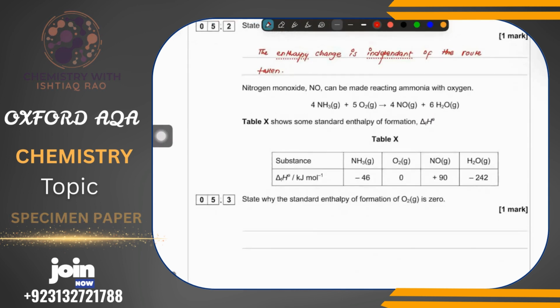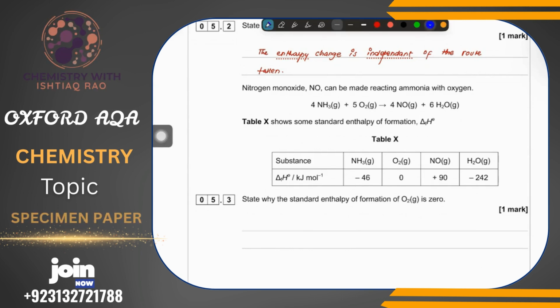And then they're asking why the standard enthalpy change of formation of O2 is zero. It's a diatomic element. All the diatomic elements, or simple single elements like sodium, magnesium, copper, silver, gold, and the diatomic H2, N2, O2, F2, Cl2, Br2, I2, At2, have an enthalpy change of zero.